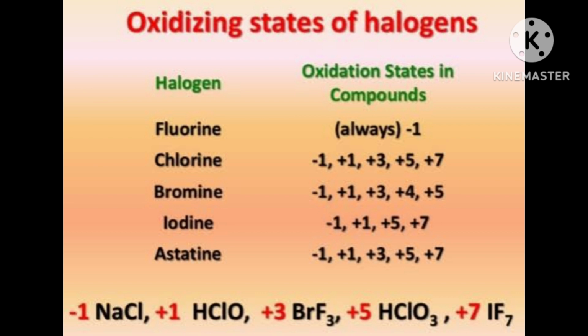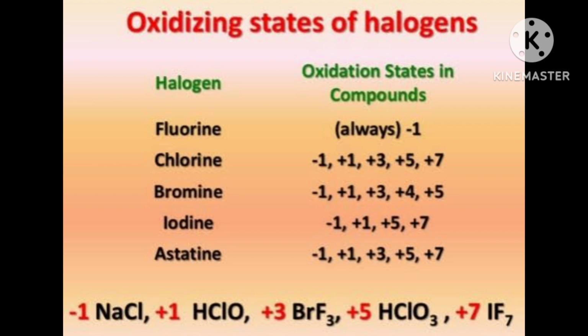The higher oxidation states of chlorine, bromine and iodine are realized mainly when the halogens are in combination with the small and highly electronegative fluorine and oxygen atoms.